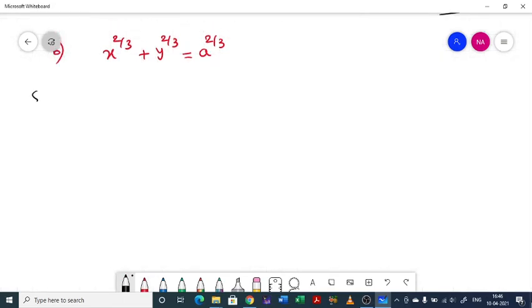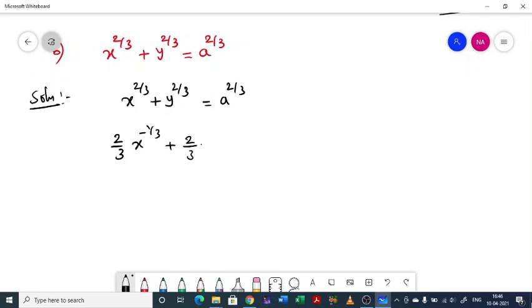Solution: given x power 2 by 3 plus y power 2 by 3 equal to a power 2 by 3. Now differentiating both sides with respect to x, 2 by 3 into x power 2 by 3 minus 1, that is minus 1 by 3, plus 2 by 3 into y power minus 1 by 3 into dy by dx equal to 0.